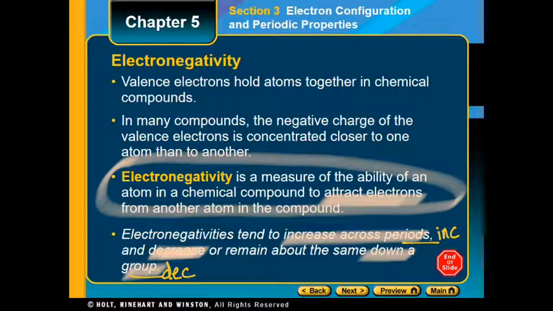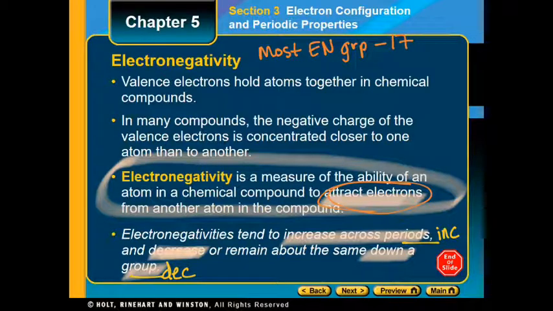For our electronegativities, I do want you to add a couple of things here. Your most electronegative group is going to be group 17. Group 17, if you recall, they already have 7 valence electrons and they just need 1 more electron to gain to get to stable 8, so they have a high attraction for electrons. Whereas your least electronegative group is going to be group 18, because group 18, again, is already stable.